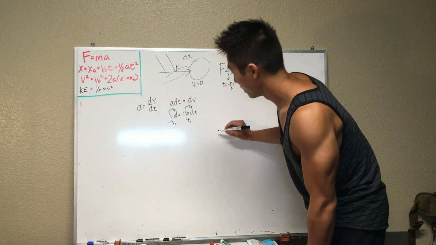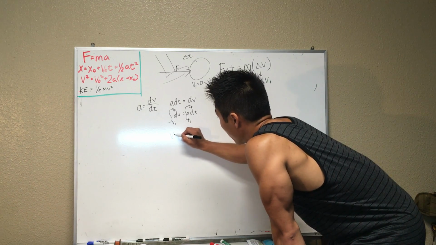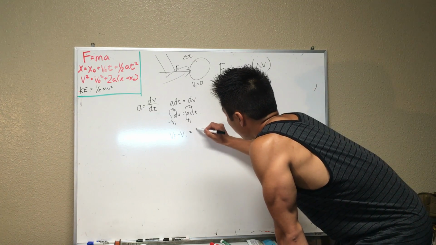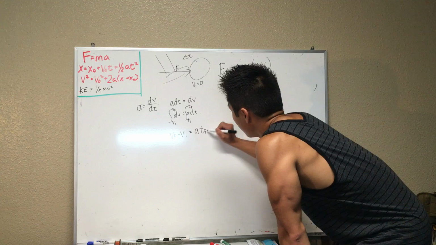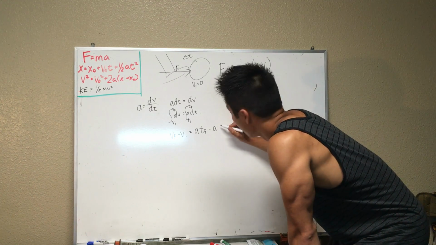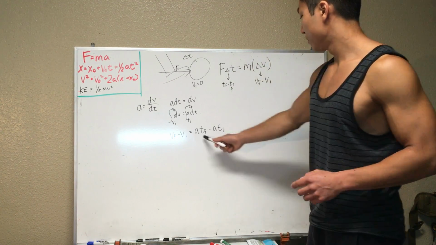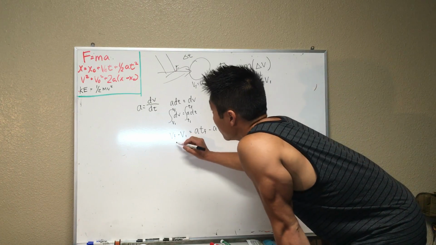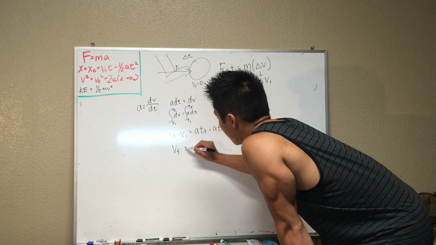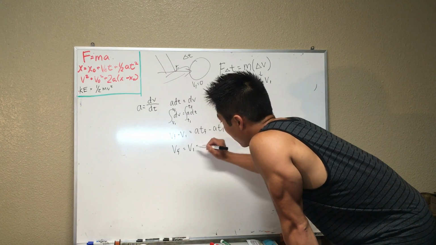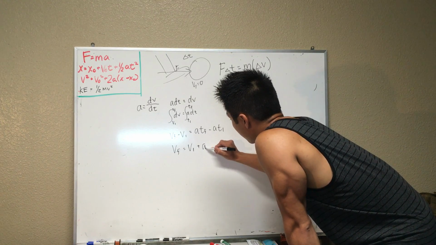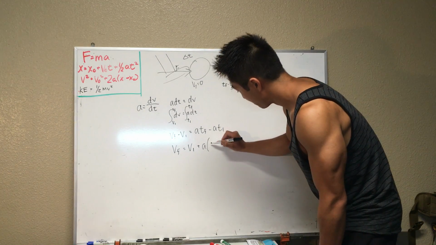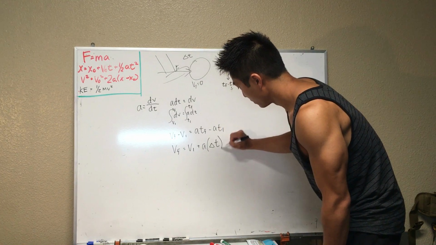We get vf minus v1 equals a tf minus a t1. We can factor out the a and bring the v1 over on the other side, and we get vf equals vi plus a times tf minus t1, which is change in t.